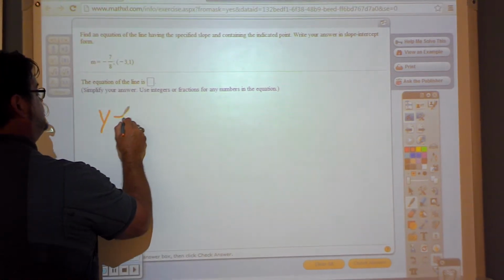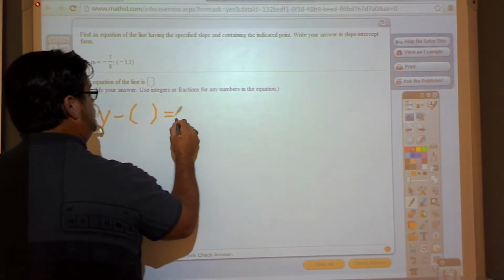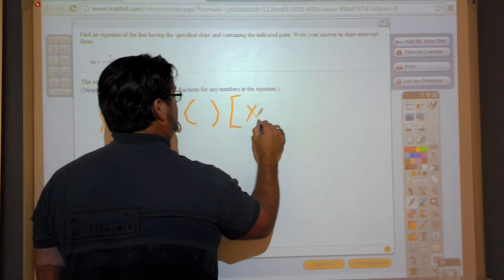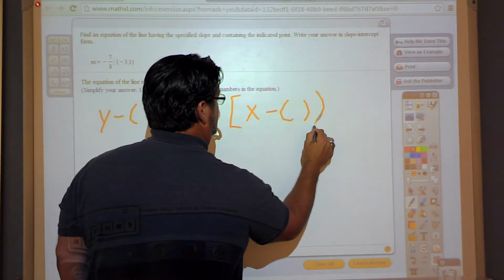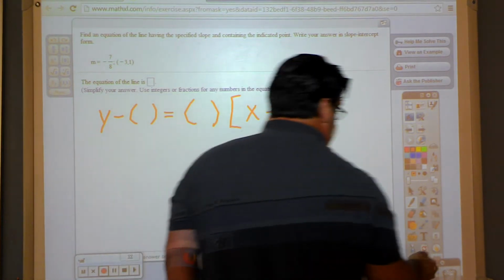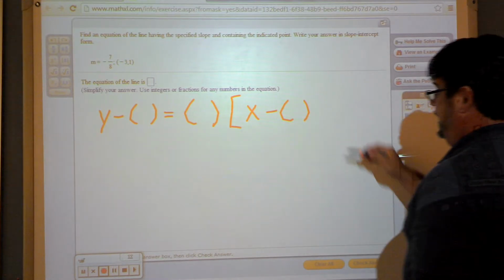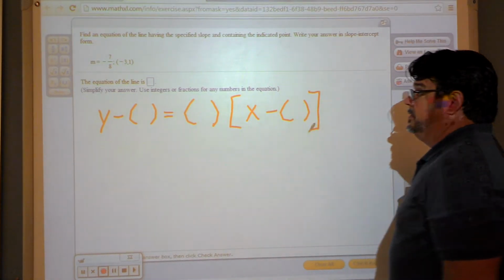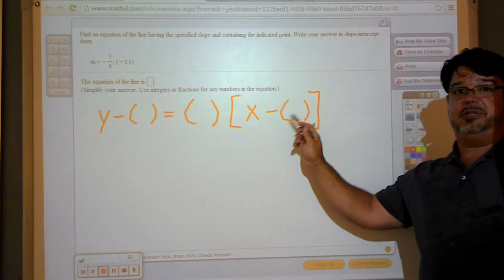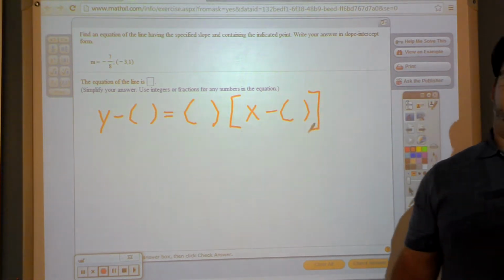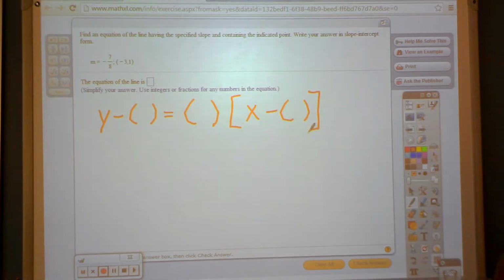Y minus parentheses is equal to parentheses times x minus parentheses. Because I've told you, and this is something that I do, and I have several degrees, I still do this. When you ask me this question, I will do it just like this, because negatives and fractions will get you on this problem.